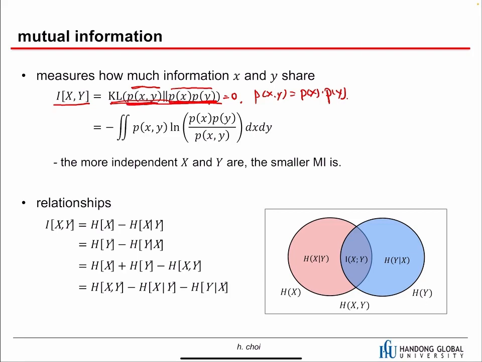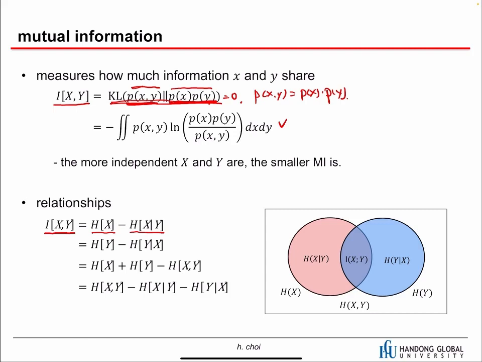And it can be rewritten as this line. And the more independent X and Y are, the smaller the mutual information is. And we can define the relationships between the mutual information and the entropies: marginal entropy, conditional entropy and joint entropy. So mutual information of X and Y is actually the entropy of X minus the entropy of X given Y.